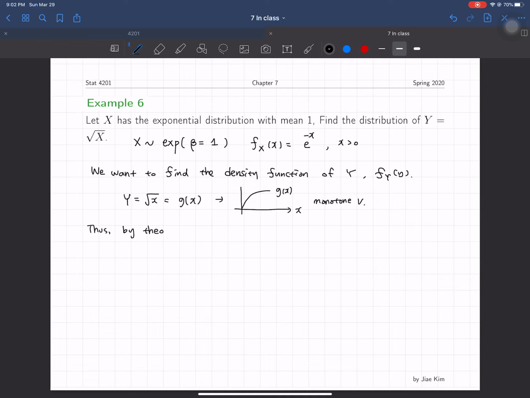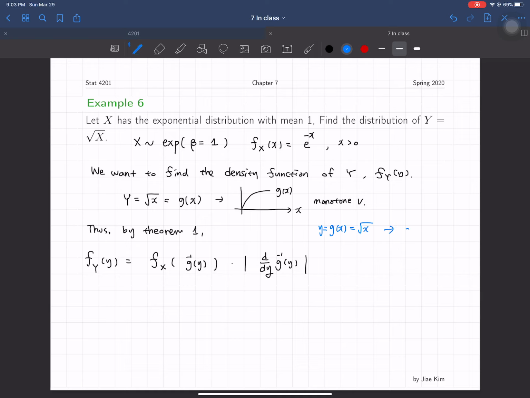By the theorem that we just stated, the density of Y is obtained by plugging in the inverse of g of x, multiplied by the absolute value of the derivative of the inverse of g, which I'm going to find in a second. So I'm going to write each ingredient on the right side. Y equals g of x, which is the square root of x.